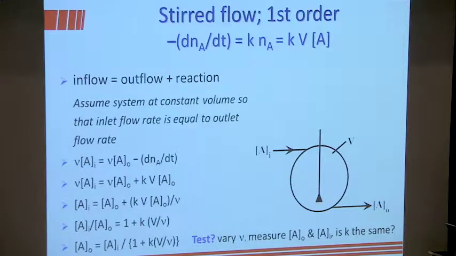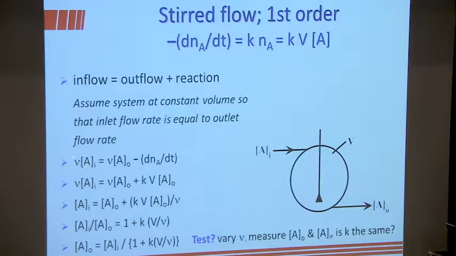If we look at reaction then, the inflow should be equal to the outflow plus whatever reaction we have. We know the change in the number of moles of A with respect to time is equal to the rate constant times the number of moles of A, and that's equal to the rate constant times the volume times the concentration of A. Going back, inflow is equal to outflow plus the reaction.